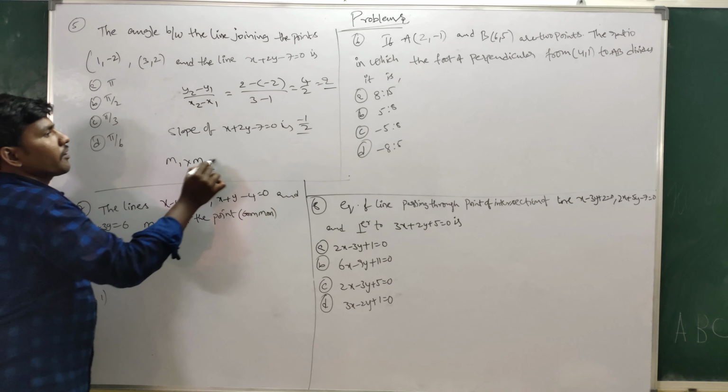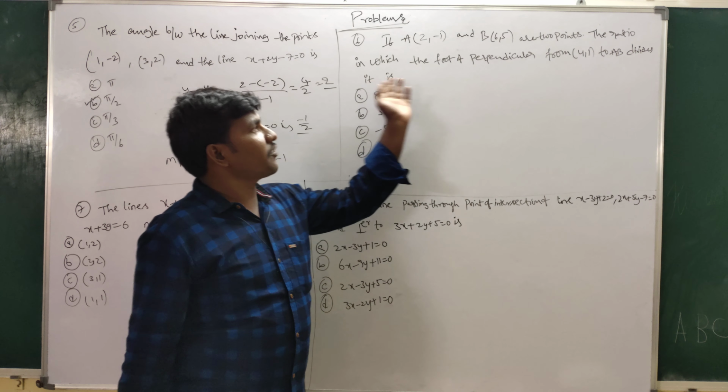If the product of two slopes is equal to minus 1, then the angle between the two lines is pi by 2. That means they are perpendicular.